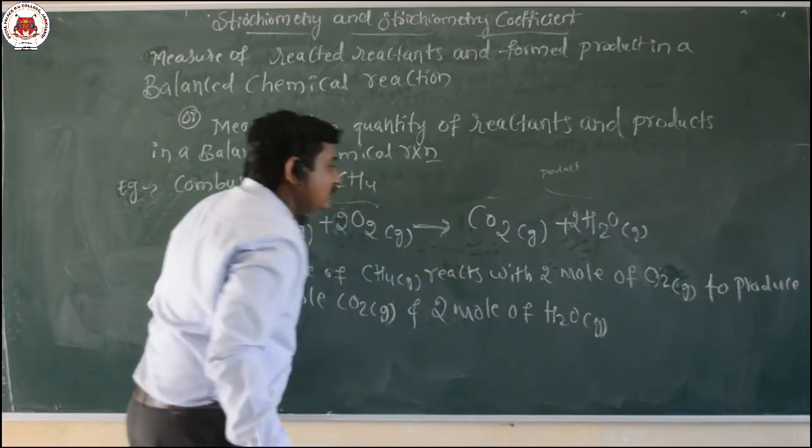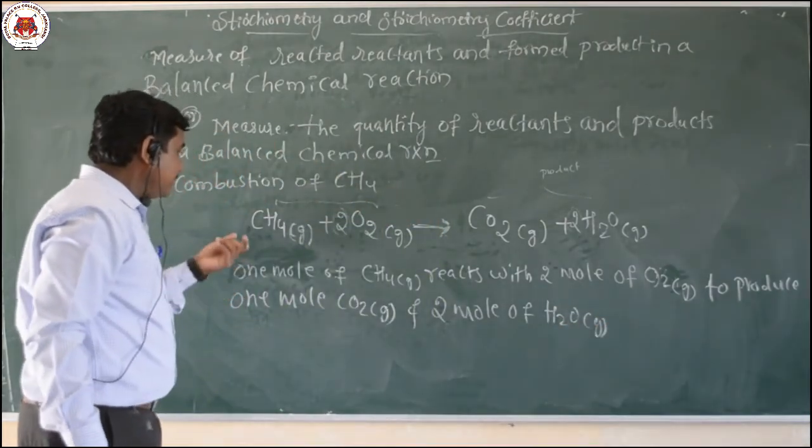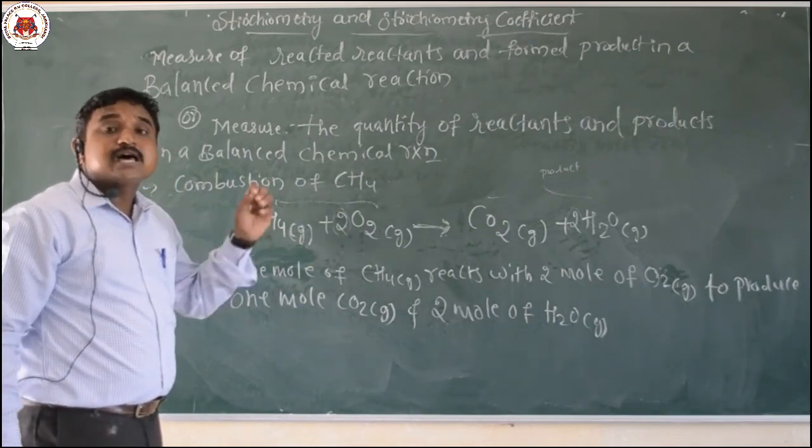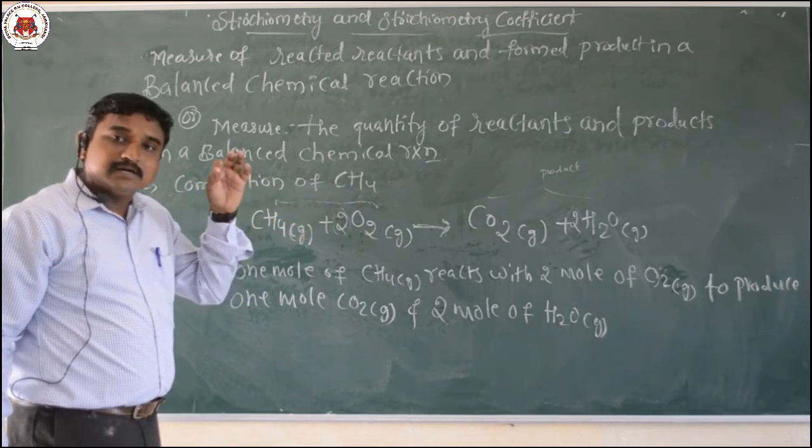Okay. So the stoichiometric coefficient indicates the number of moles or number of molecules which take part in the chemical reaction.